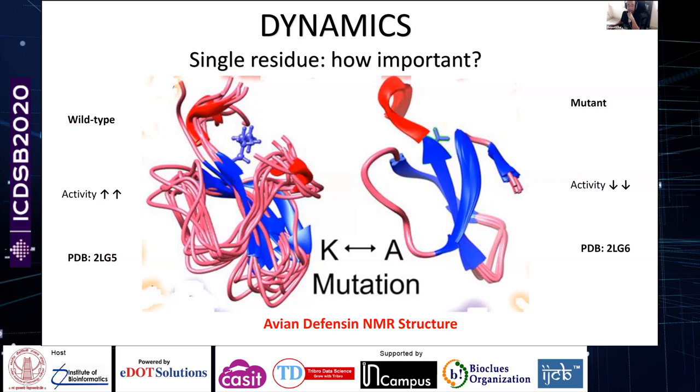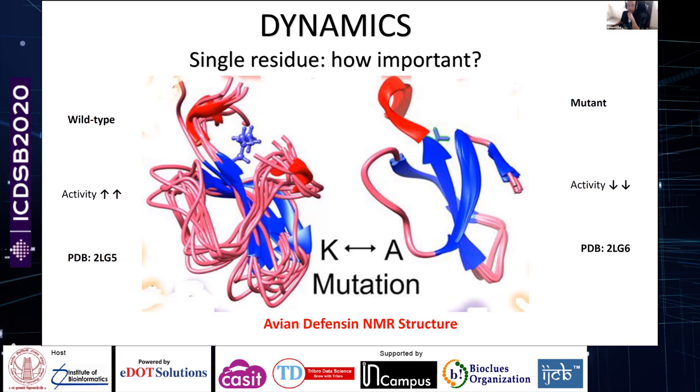Now, if we look only from a structural perspective, we may not be able to gather this simply by looking at the mutation K to A. Most of us, when we do mutations, try to replace an amino acid with alanine, hoping that the mutation will not alter the structure, so that we will know the function. So this is not straightforward.